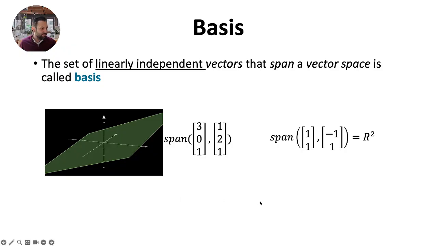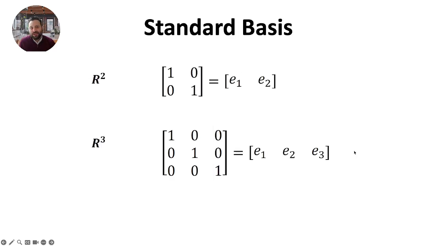If you look at this basis, 1, 1 and negative 1, 1, these are two vectors that are orthogonal to each other: one goes in the direction of 45 degrees and the other goes at negative 45 degrees. And so instead of 1, 0 and 0, 1, you can actually make up R squared using this basis.